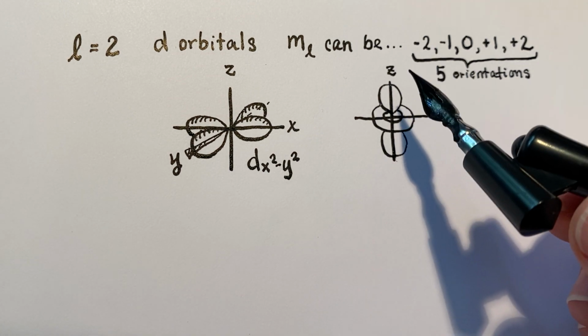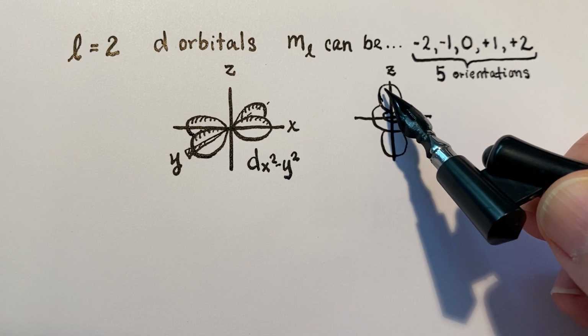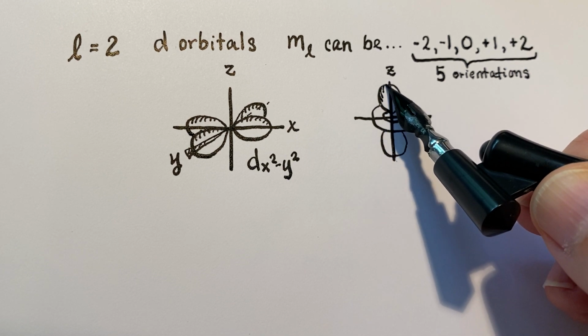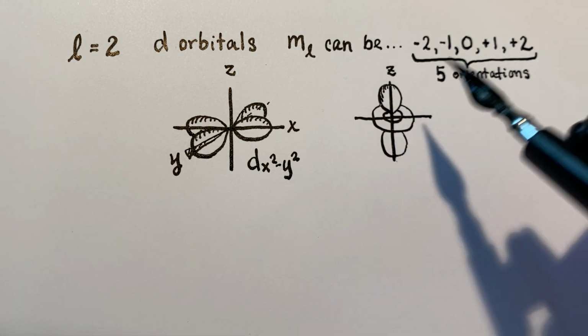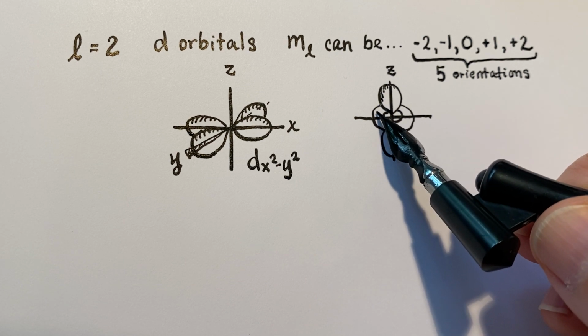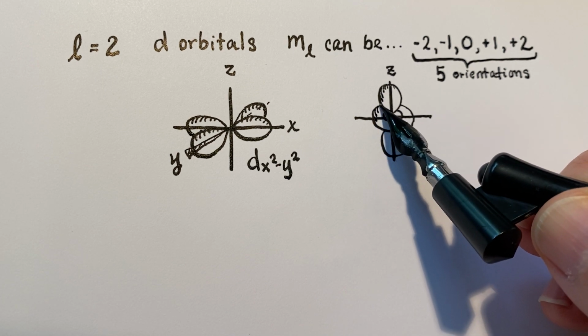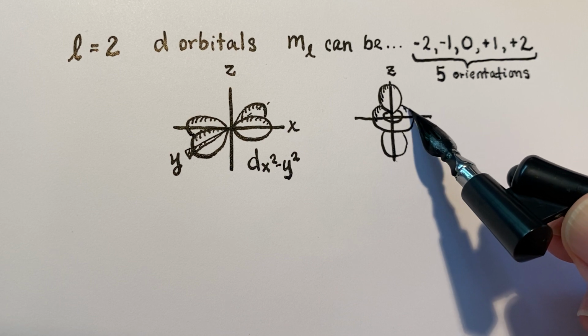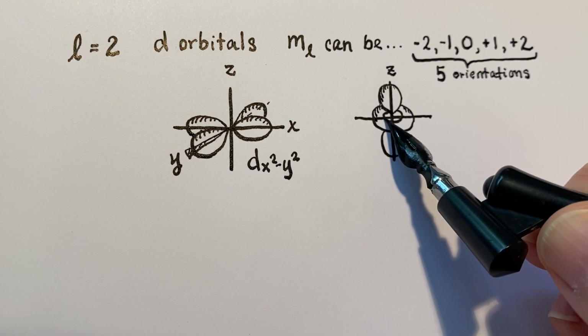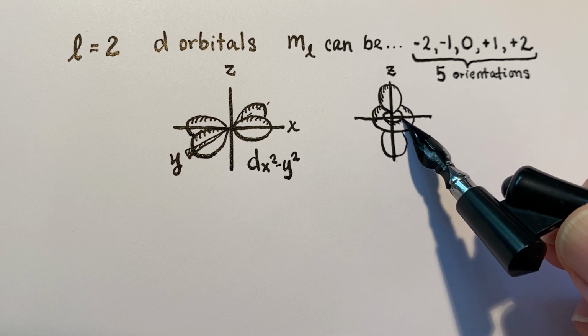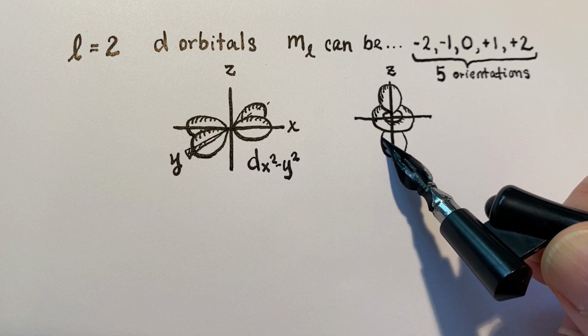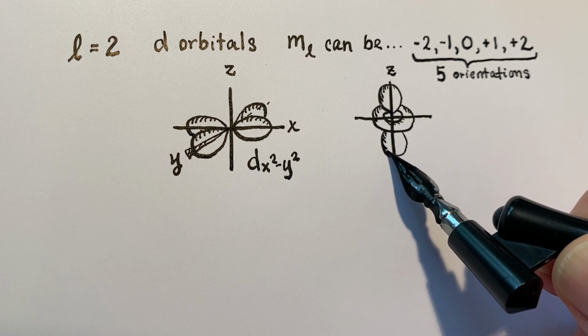Okay. So we've got most of the probability of finding an electron in the lobes that lie along the z-axis, but this donut here is not insignificant. There's some electron density there too.